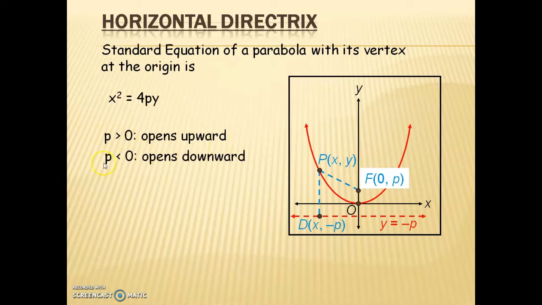And if p is less than 0, it means the value of p is negative, it opens downward. But what is p here? p is the distance between the vertex and the focus, or the distance between the vertex and the line of directrix.